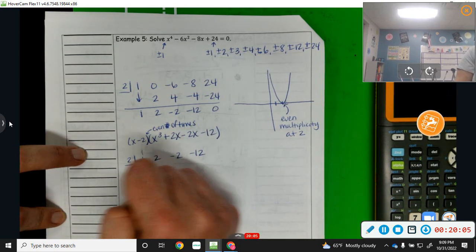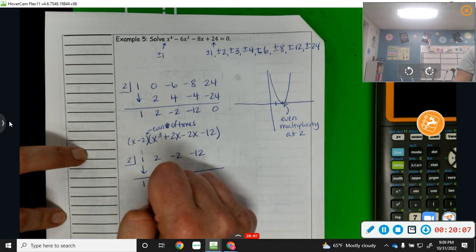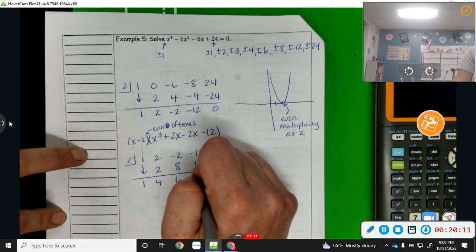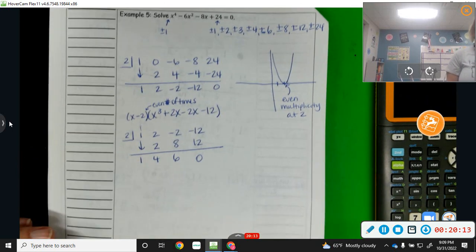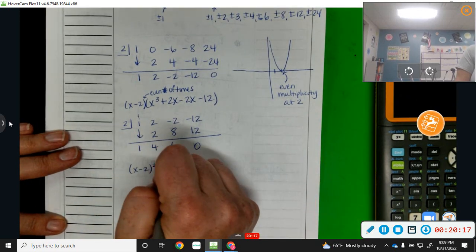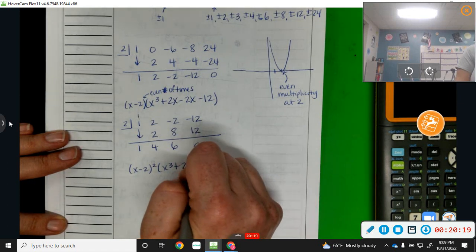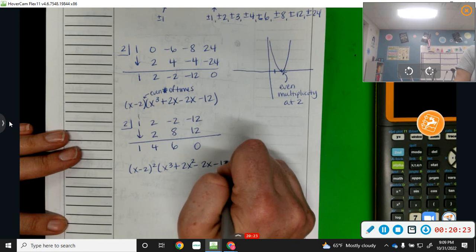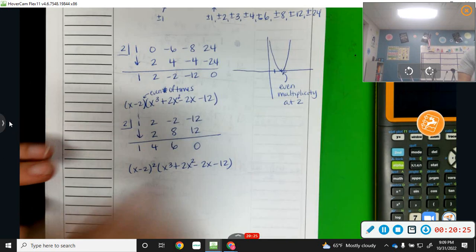And this comes down 1, 2, 4, 8, 6, and 12, which gives me 0. And so now I'm left with x minus 2 squared, x cubed plus 2x squared minus 2x minus 12. Forgot a squared up here.